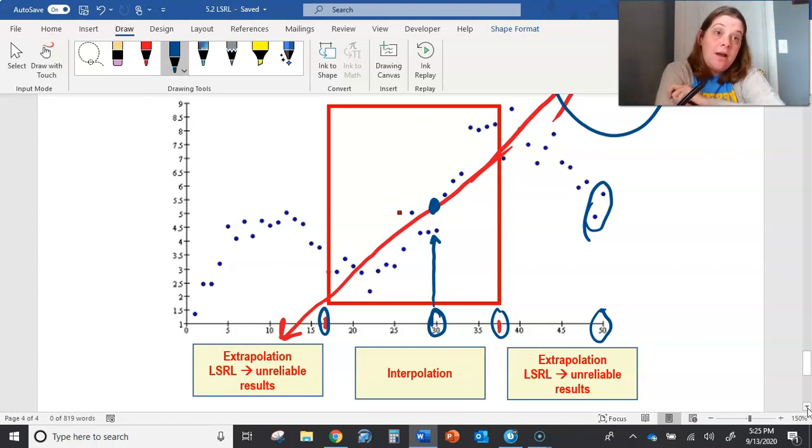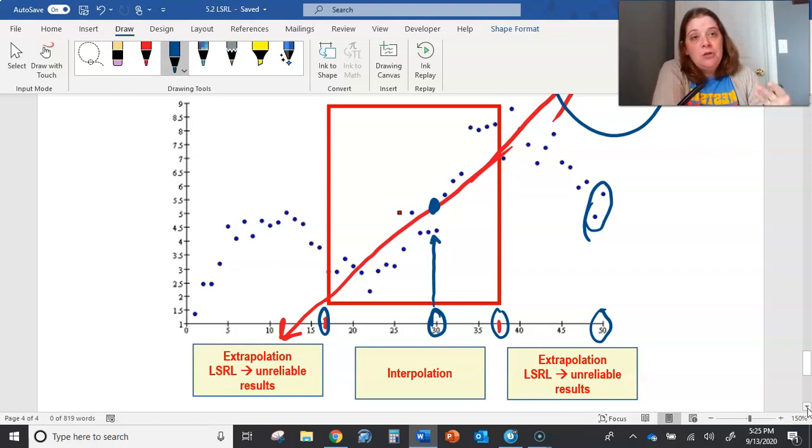That's the reason why a lot of times our y-intercept doesn't make any sense, because if your first data point is positive 50, then using that y-intercept is kind of like extrapolating. It's predicting what's going to happen when X equals 0, and that's outside your known data values. So just be careful.